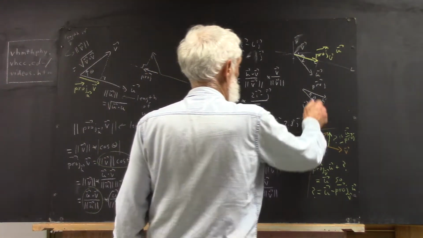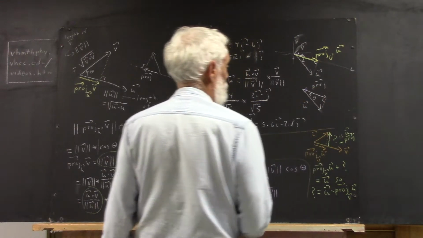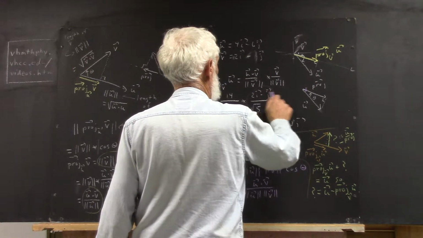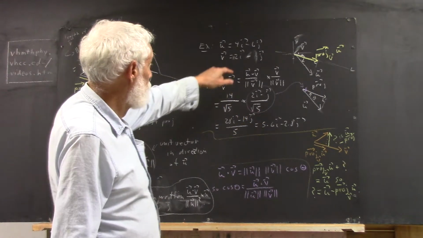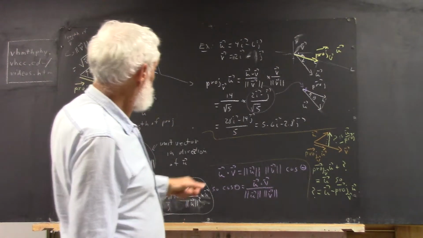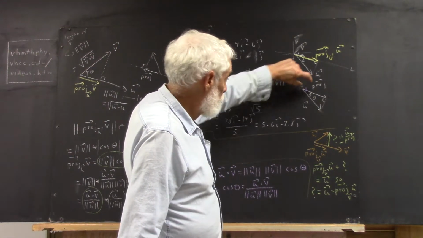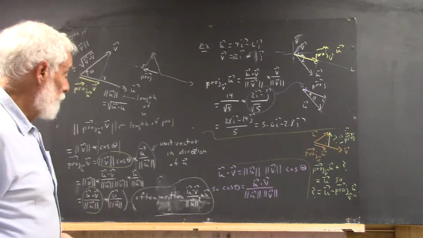So that might be this vector, the 2i minus j divided by square root of 5, which is just the v vector divided by its magnitude. We multiply this distance by this vector and we get this vector. So we want to sort out that idea.